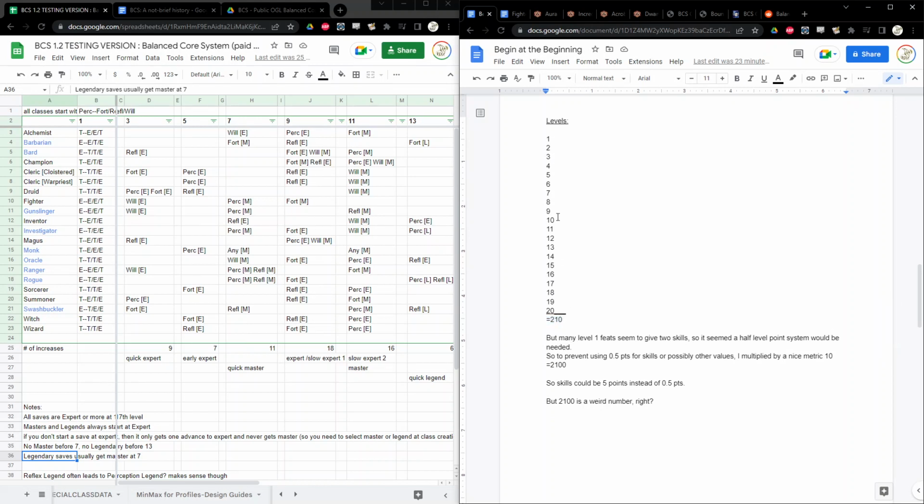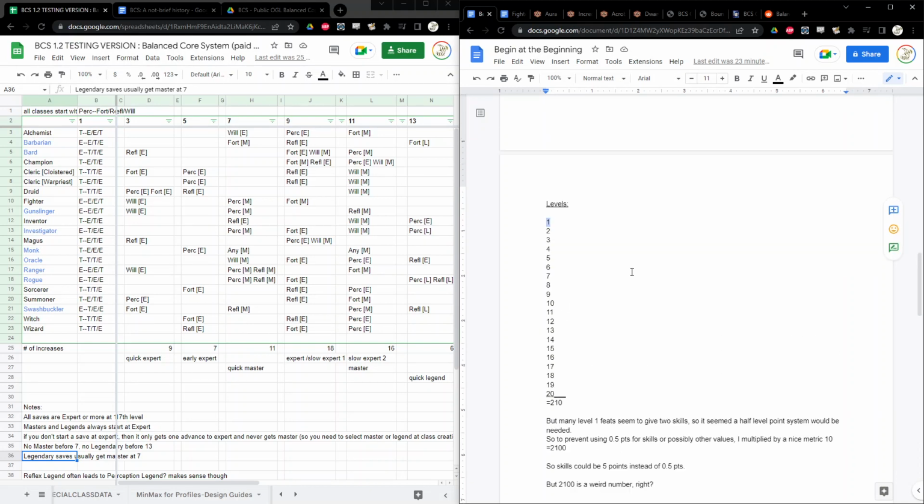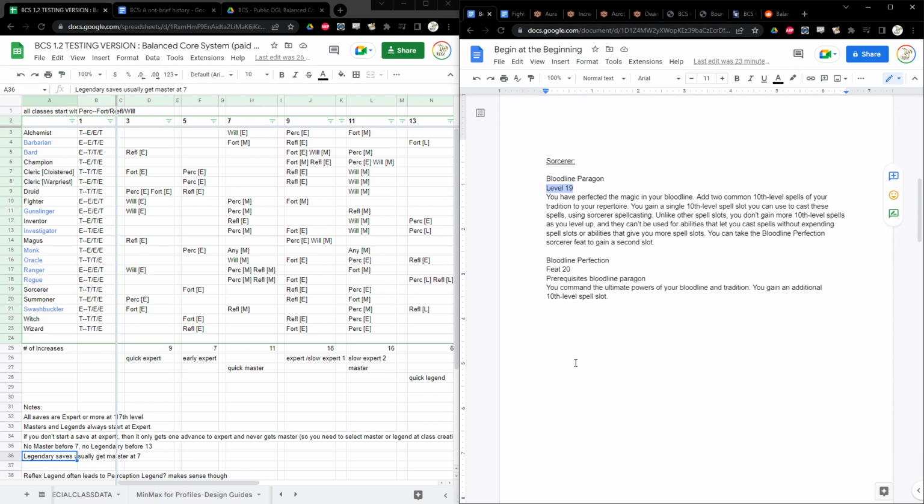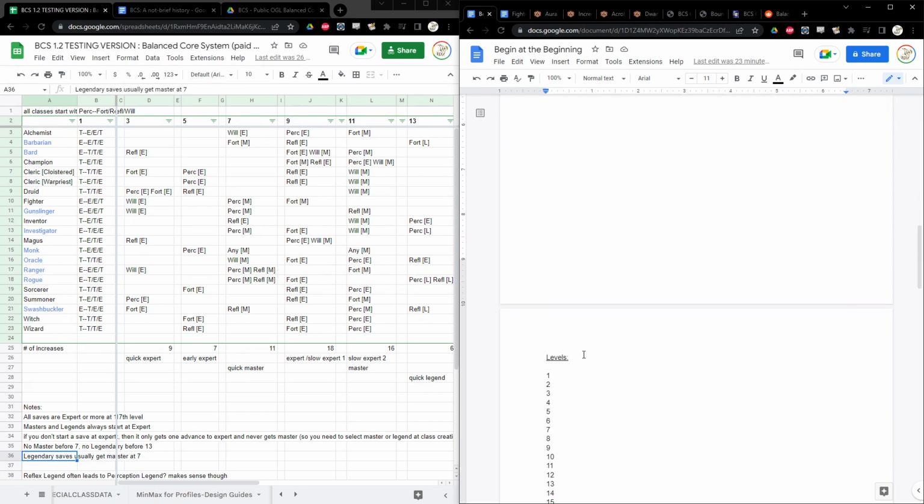But this gave me the idea that if a level 20 feat is similar to or equal to a level 19 feature, then classes in their features might just be made up of feats. Basically, classes might just be a bunch of feats put together.